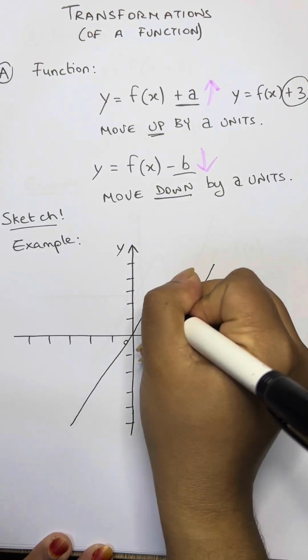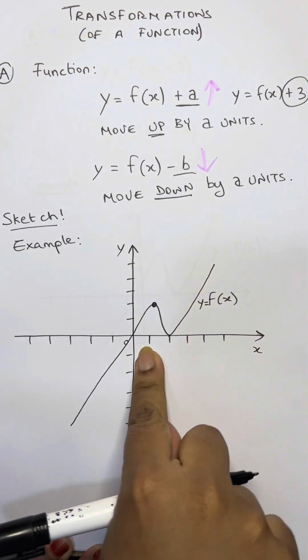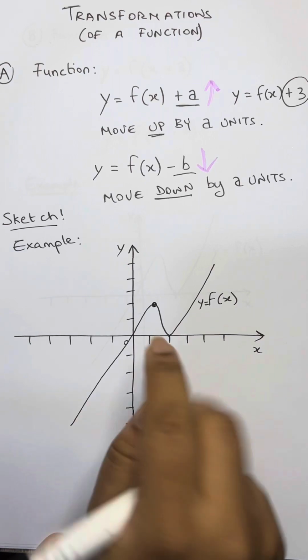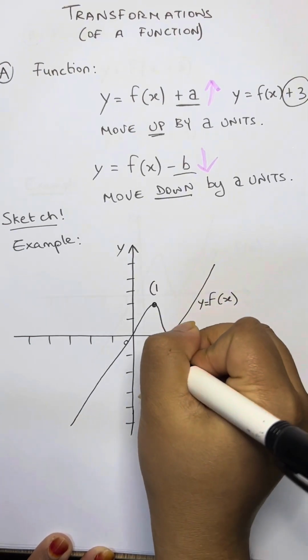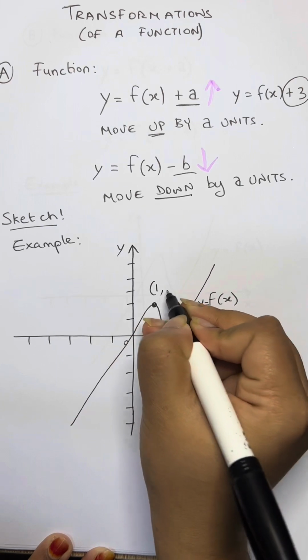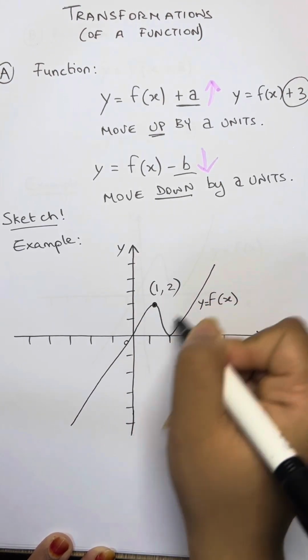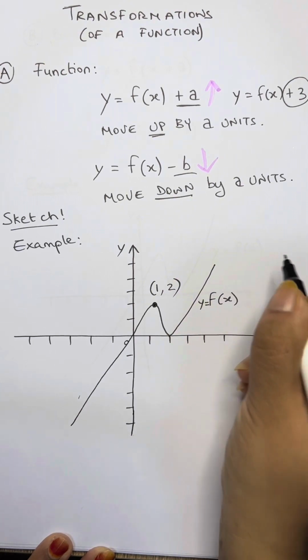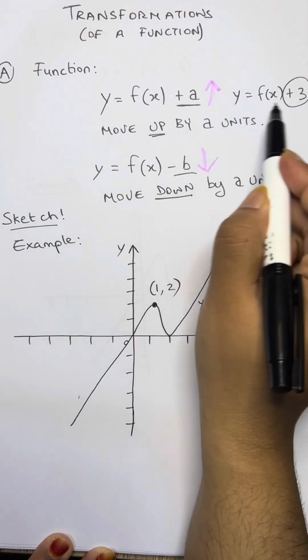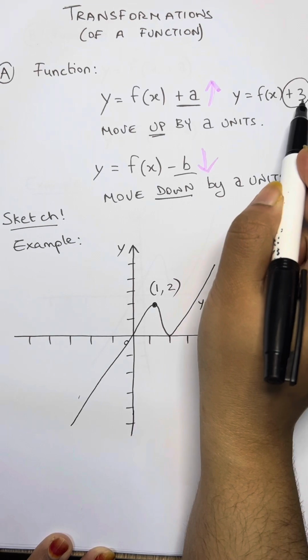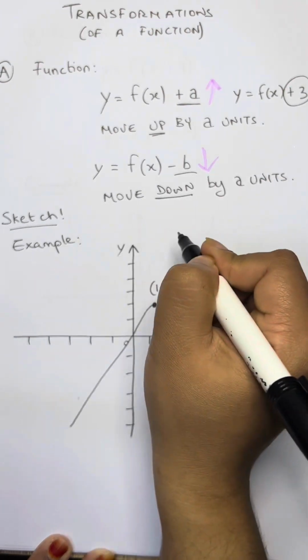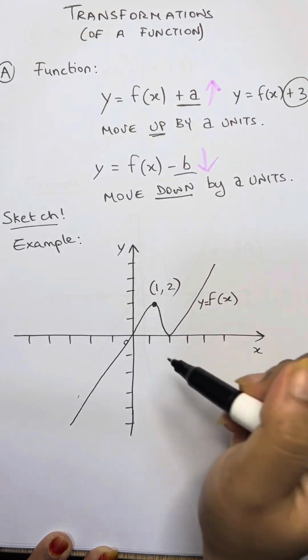So I would choose a point here, for example. What are the coordinates of this point? I can see that the x value is 1 and the y value is 2. So this is the coordinate that I have for the original graph, right? And I need to sketch this into y equals f of x plus 3.